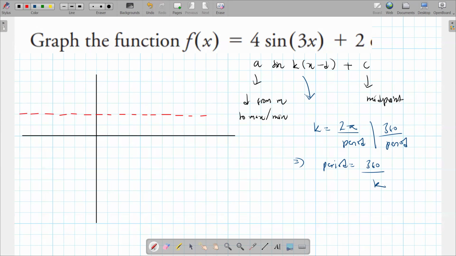A is the distance from the midpoint to max or the min. So your max is going to be 6. Do you see it? 2 plus 4. 4 units up from here. 2, 3, 4, 5, 6. That's going to be your maximum. What about your minimum? Where's your minimum? -2.